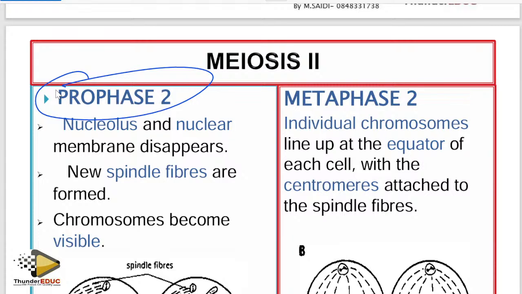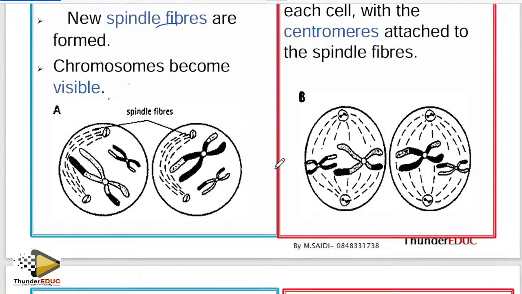The same phases, but now prophase is 2, metaphase is 2, anaphase is 2, telophase is 2. So the moment prophase 2 happens, the nucleolus disappears with the nuclear membrane. The spindle fibers start to form again. The chromosomes also start to be visible. And then the centrioles start to move to opposite poles. That's exactly what happens.